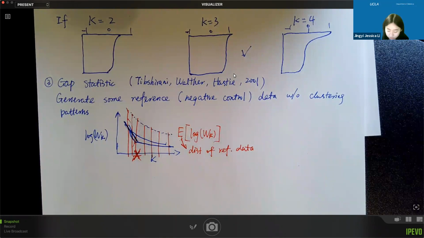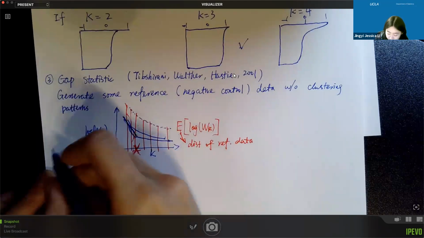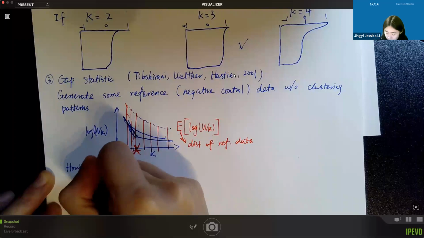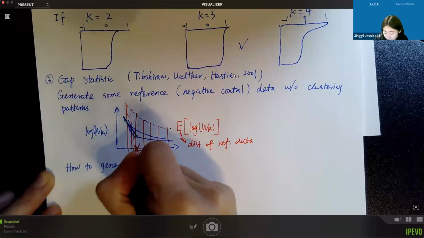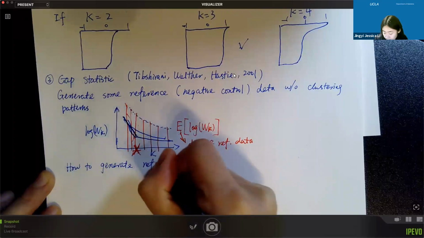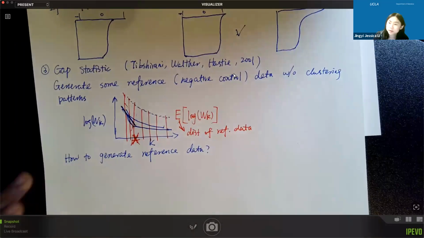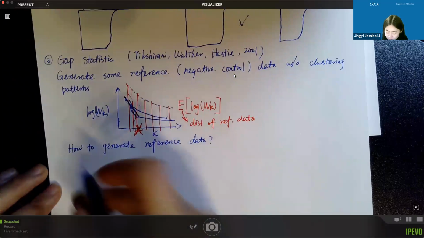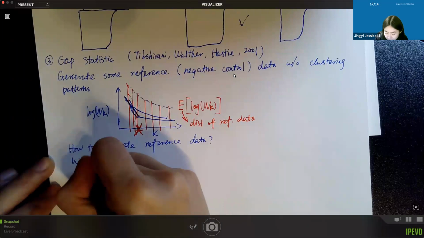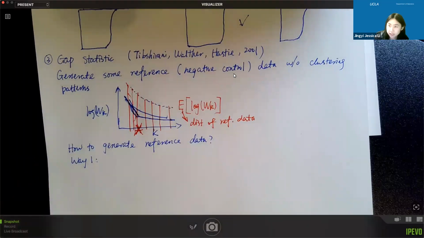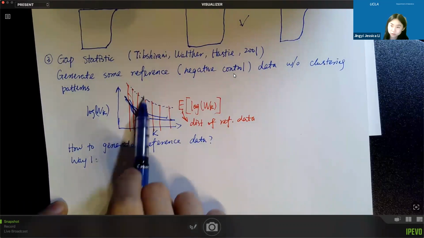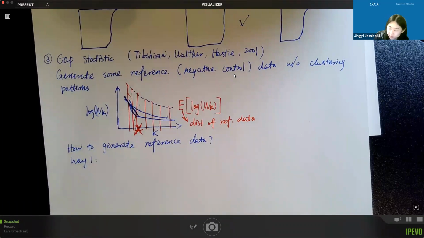So the author proposed how to generate reference data. The author proposed two ways, and we can look at them one by one. So the first way is just to take the original data. Of course, you want the reference data to resemble your original data as much as possible, but not having any clustering pattern.